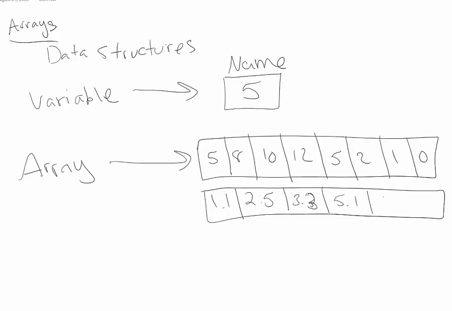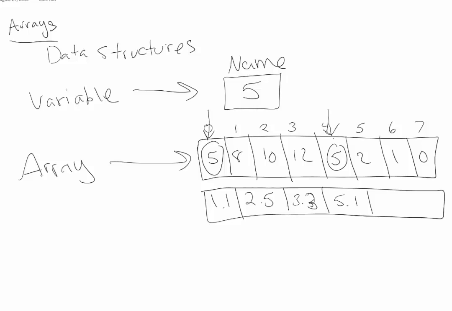When we're working with arrays, we have what's called the array index, and the array index equals the position of the array that we want to work with. And arrays are always zero based. So when I want to talk about a particular piece of information inside of the array, I want to look at index 0, for example, which holds the value of 5, or index 4, which holds the value of 5.